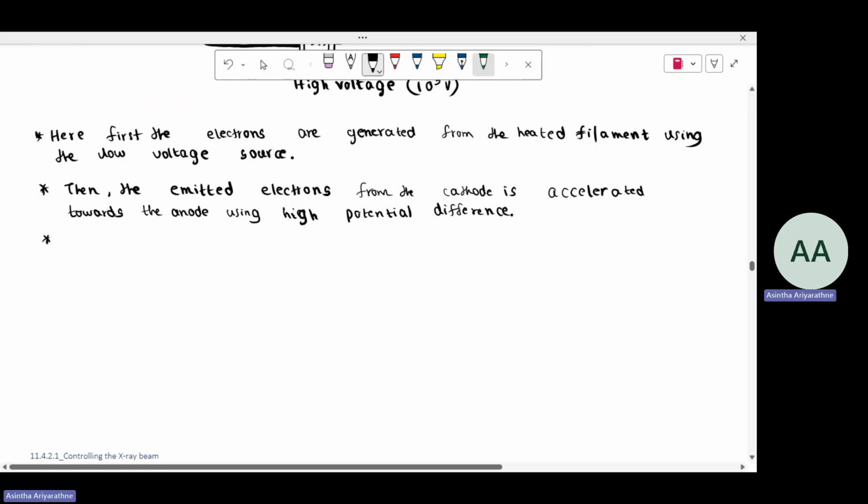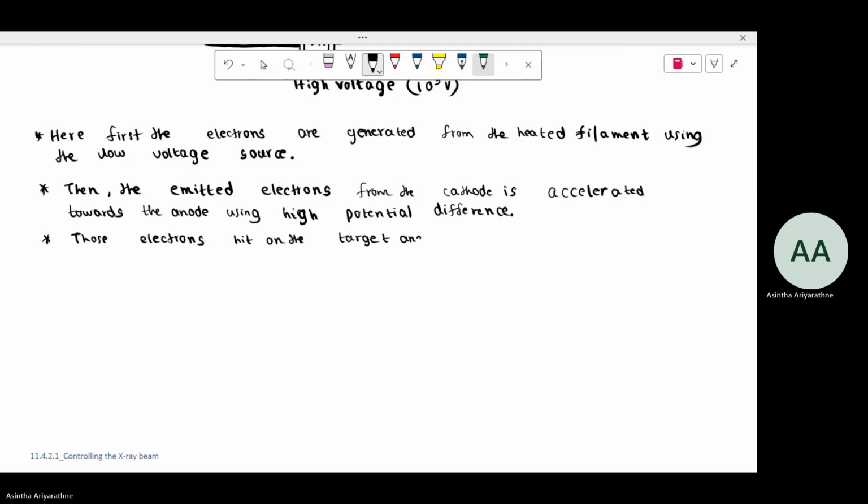Those electrons hit the target anode and generate X-rays.